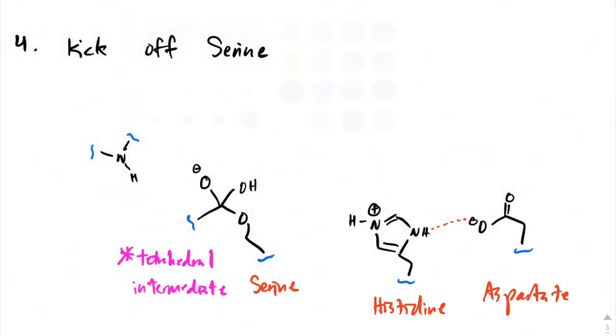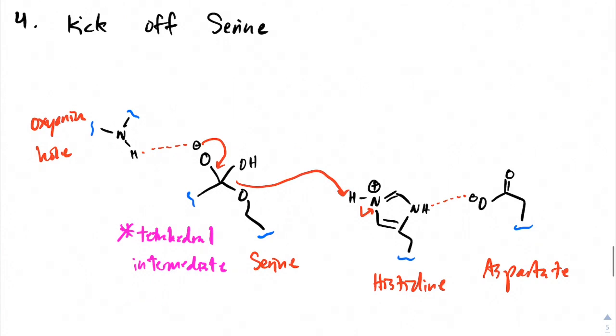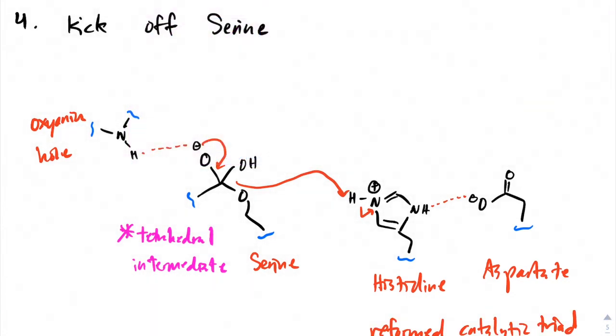And this is that oxyanion hole. Stabilize that negative charge on oxygen from our water's nucleophilic attack. And then serine will pick up that hydrogen on histidine to satiate nitrogen's positive charge. And that's it. We have reformed our catalytic triad. We've reformed serine, histidine, and aspartate.